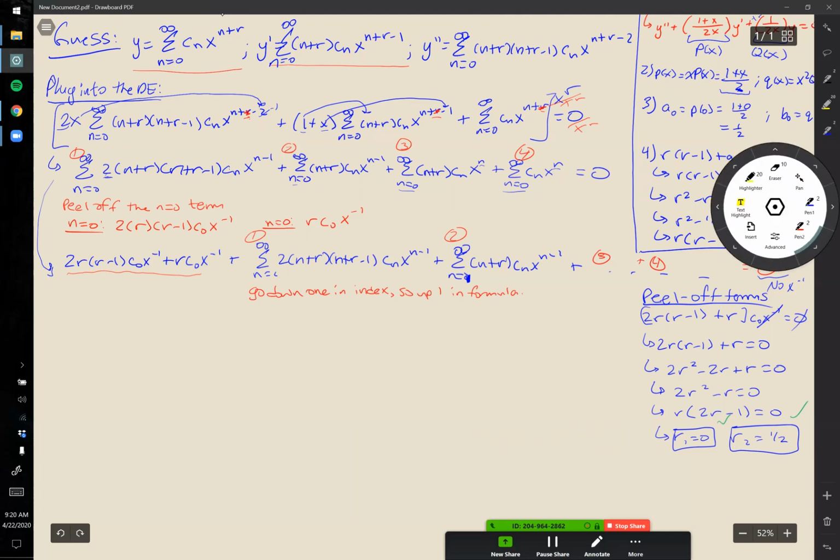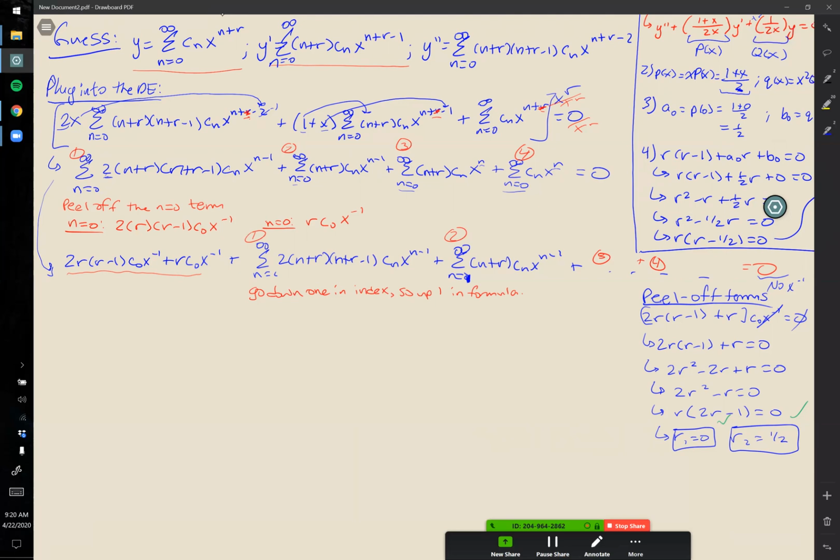And if I do that, then we will get this. So we'll get n equals 0, 2 times, so again, go down 1 in the index, so up 1 in the formula.